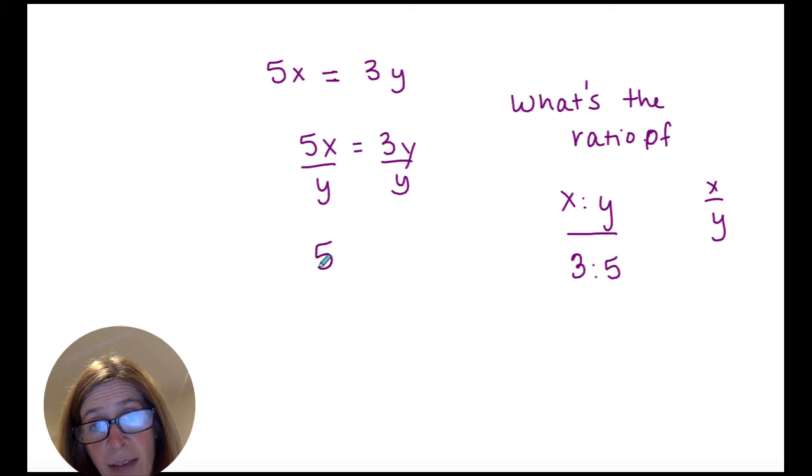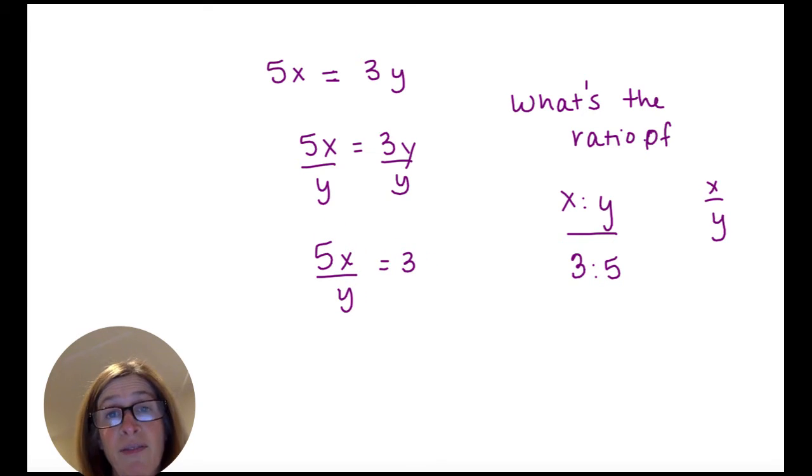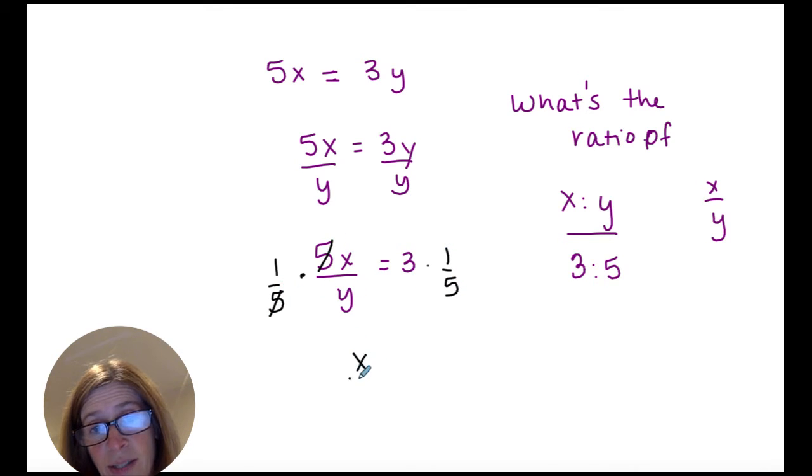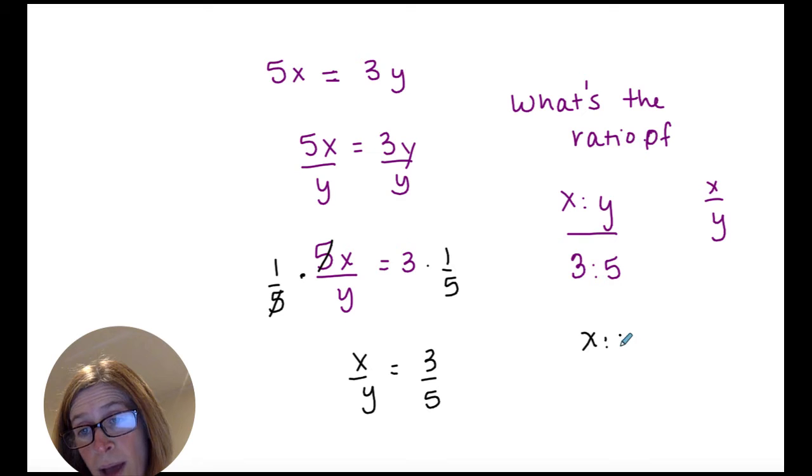And I'd get 5x over y equals 3. Well, to get rid of the 5 so it's in the ratio of x to y, I'd have to multiply both sides by a fifth. And so x to y would be equal to 3 to 5. So the ratio of x to y is 3 to 5.